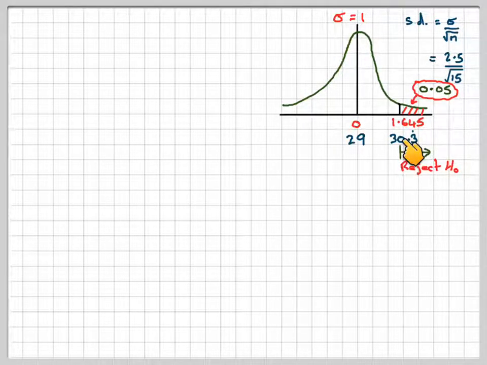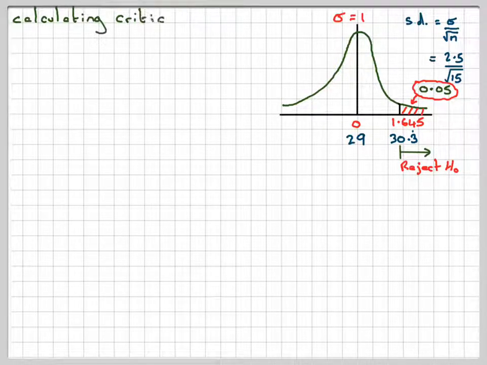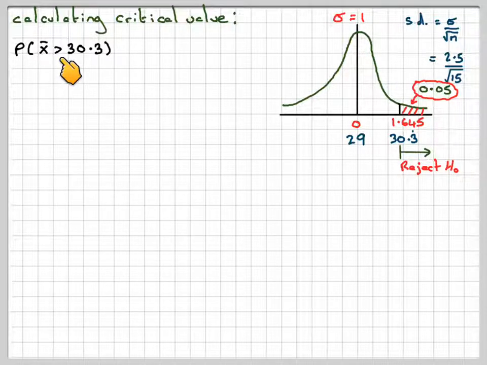Now when we calculate our value, if it lands on that side of that line, then we will reject H0. If it lands on this side of the line, then we will not reject H0. So calculating the test value, we wanted the probability that x bar is greater than 30.3.